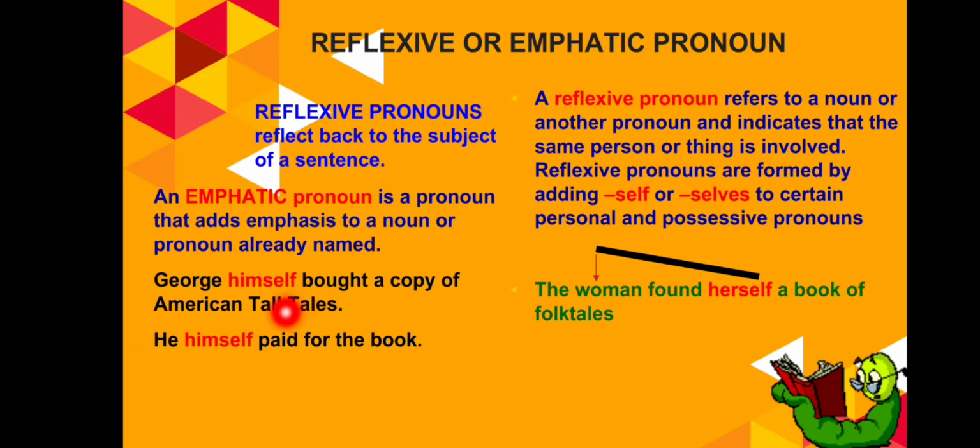Even if we remove the emphatic pronoun from a sentence, it will make sense. For example, if you remove this word and check, George bought a copy of American Tall Tales. Yes, the sentence is meaningful. He paid for the book. Yes, it is meaningful.